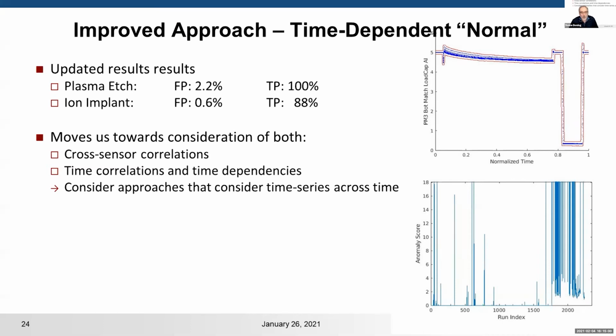It makes us want to consider approaches that actually look at and use jointly the time series and time correlation dependencies in addition to the multi-sensor dependencies. So you're going to see more things like the autoencoder or the LSTM coming into play in a more sophisticated approach.